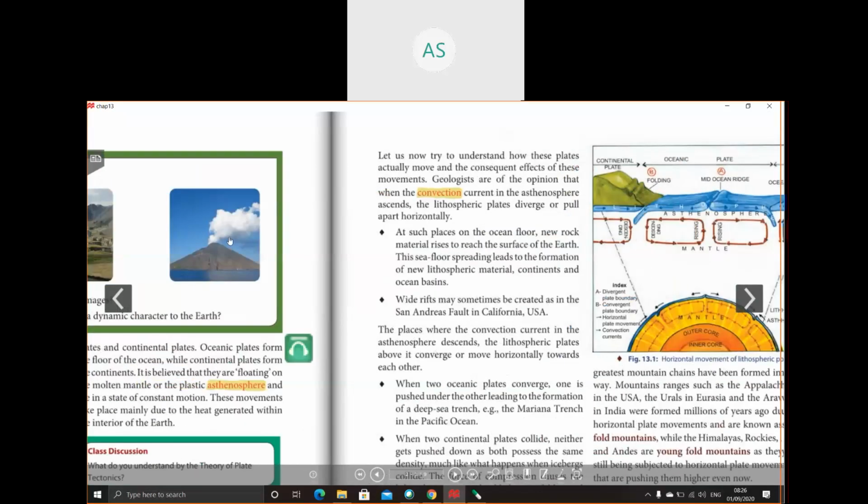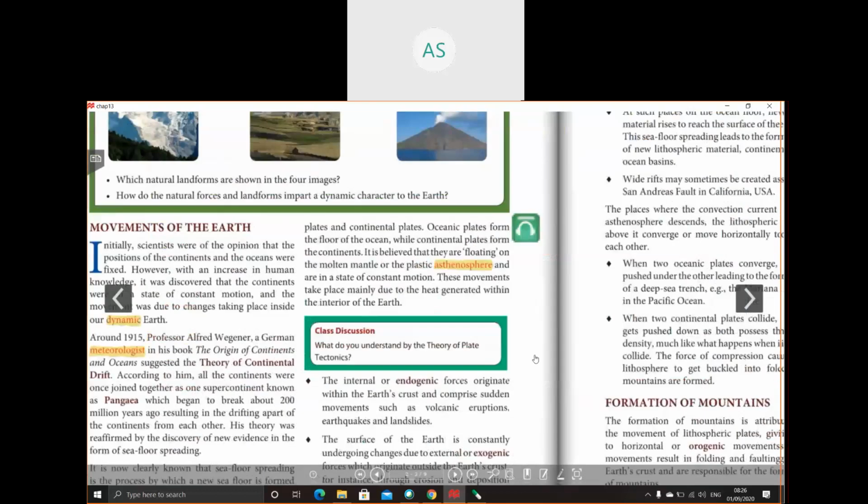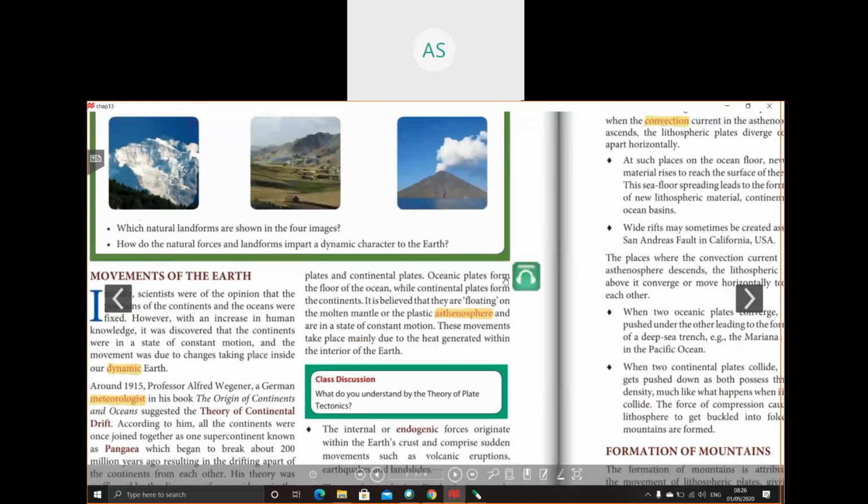So these were called the oceanic plates. Beneath the water level of earth, there was earth crust formed. Okay? Oceanic plates form the floor of the ocean.